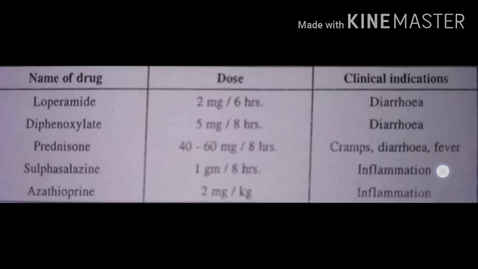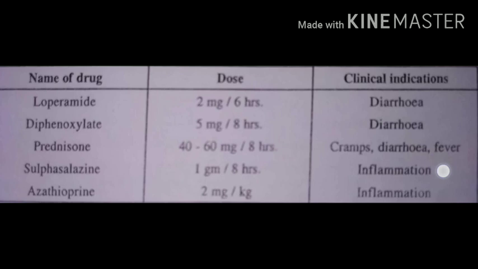If we go for the treatment of Crohn's disease, here also we have to maintain diet and nutrition. And the drugs we mostly use are anticholinergic agents and loperamide, diphenoxylate, which are used to relieve the cramps and diarrhea.